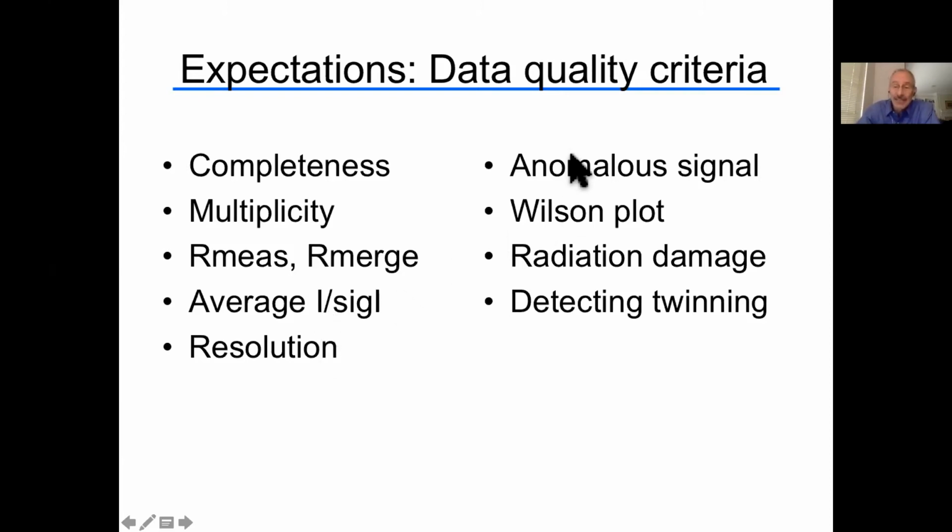Do you have an anomalous signal? Because that's often how the phase problem will be solved. A Wilson plot will give you an indication of also resolution, and you'll have to look at radiation damage, which was introducing systematic errors into the data and perhaps detecting twinning.